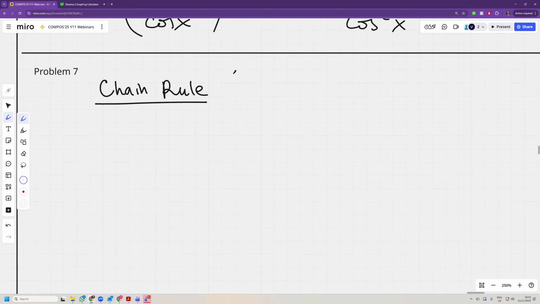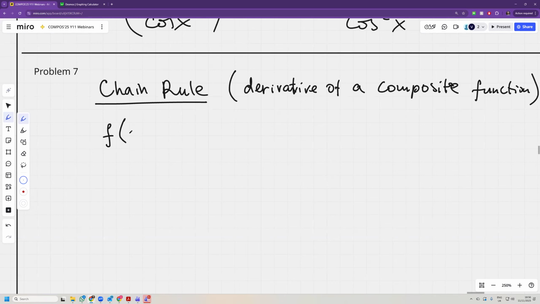notation. So the chain rule is the derivative of a composite function. If you have f of g of x, that's called a composite function.